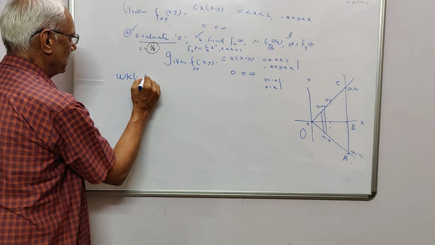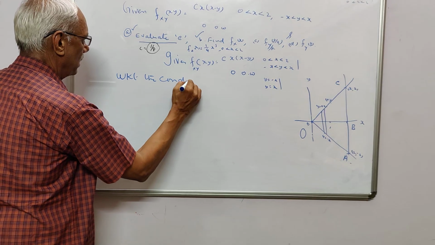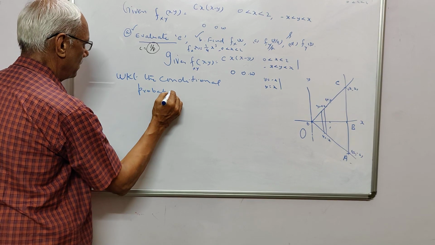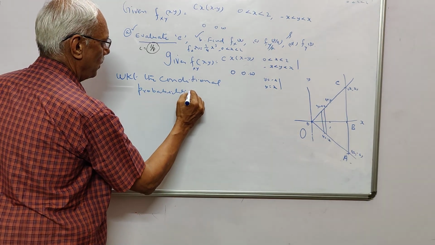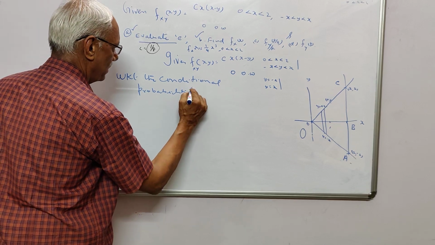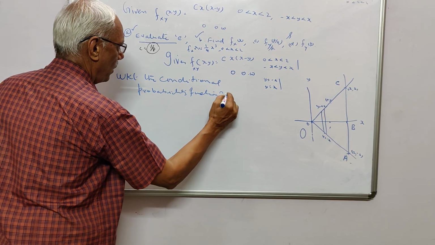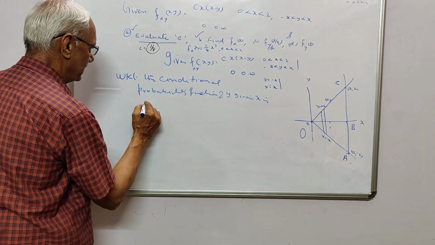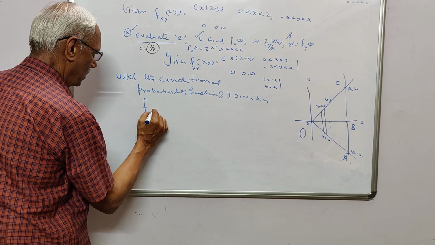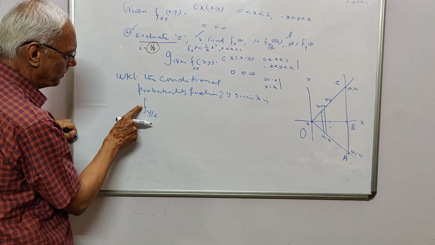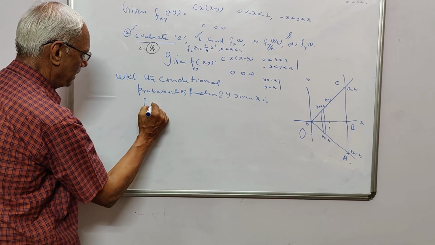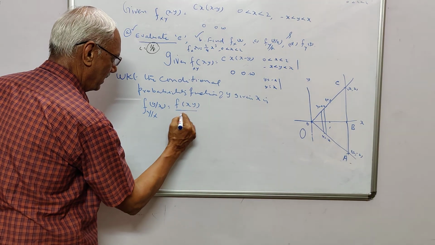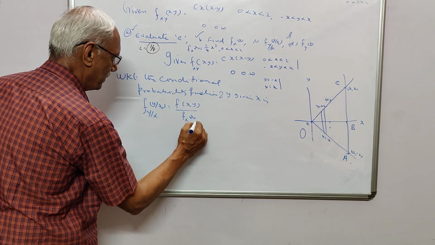We know that the conditional probability function of y given x is written like this: conditional probability of y given x is equal to the joint density divided by the marginal.